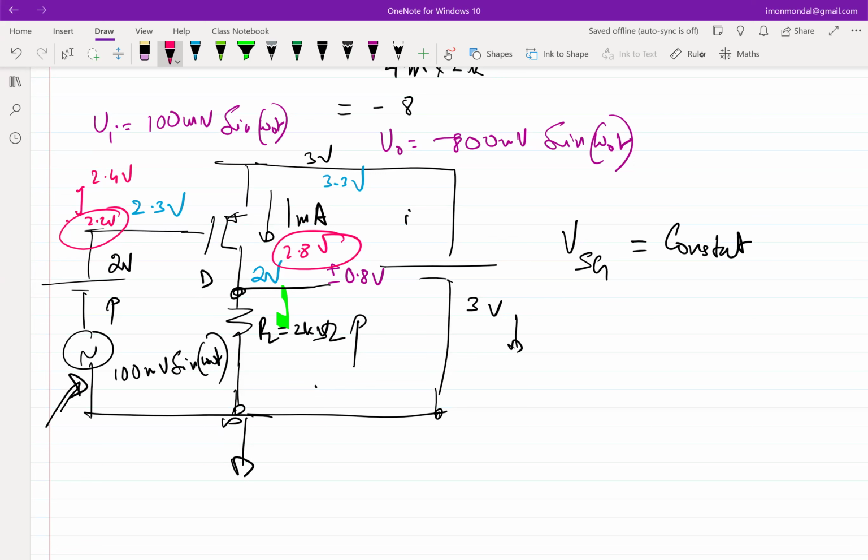Okay, so now what is the next thing? Firstly, let me ask you, do you see it's a problem or are you still okay? The minimum input is 2.2 and the drain voltage is at 2.8. Is the transistor in saturation or not?